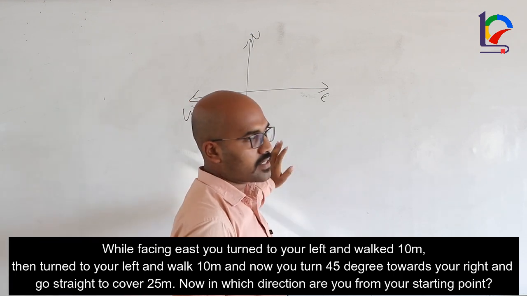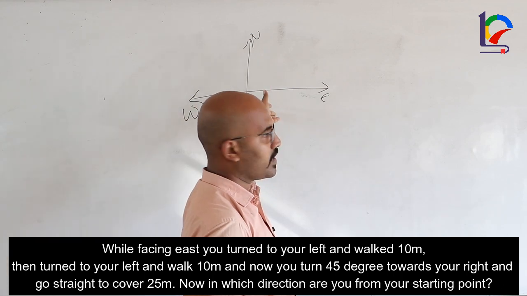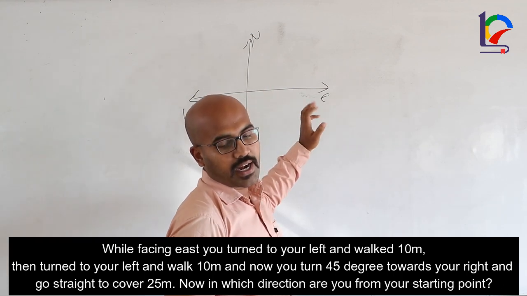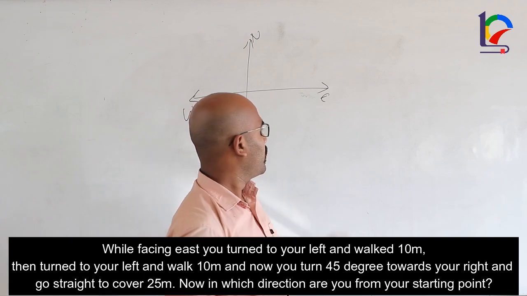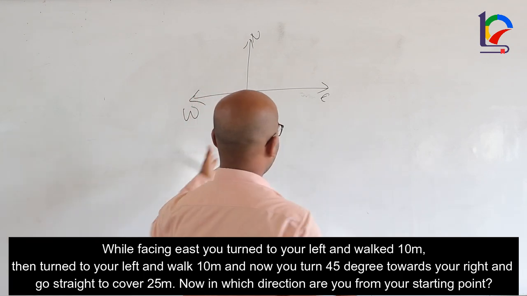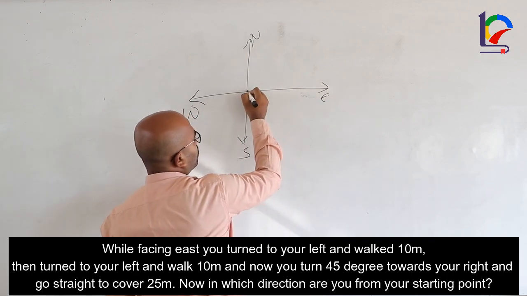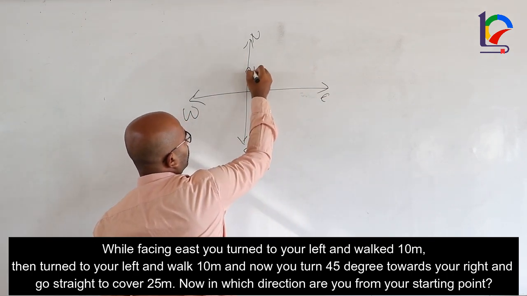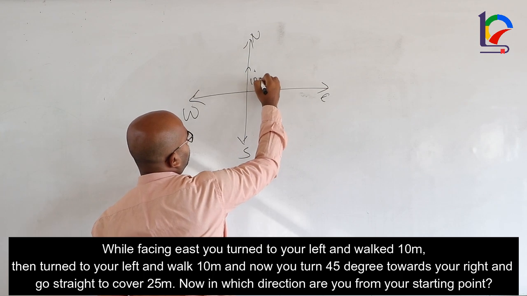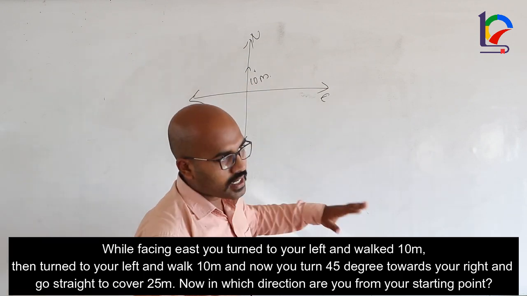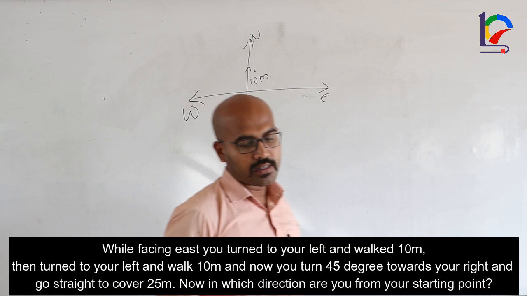So when I am facing east and turn to my left, I will be facing towards north. And I walk 10 meters. While facing east, I turn towards my left and walk 10 meters.